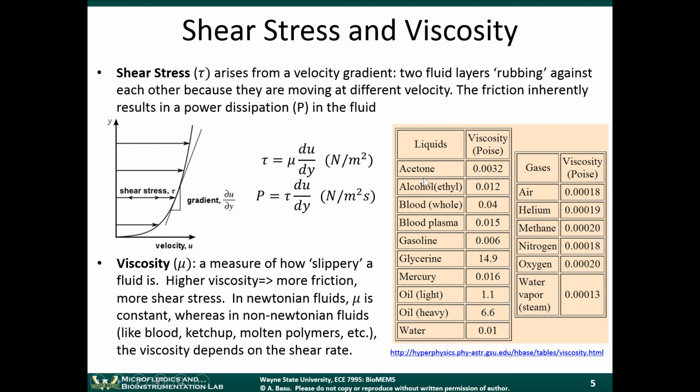Acetone has a smaller viscosity than water. You can see that whole blood has a viscosity quite a bit larger than water, and something like glycerin or oil has a much larger viscosity than water. So the thicker a fluid is, the higher this viscosity will be, and the larger the shear stress will be. The units for shear stress are newtons per meter squared.